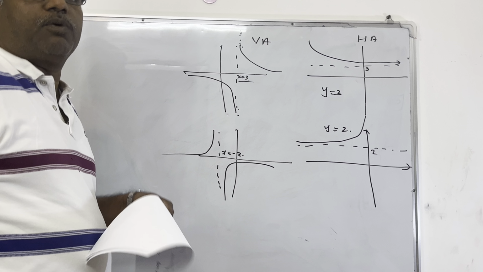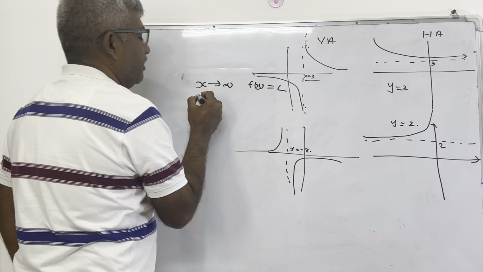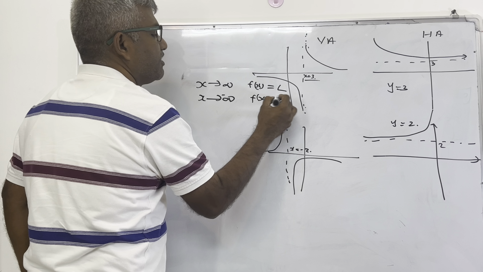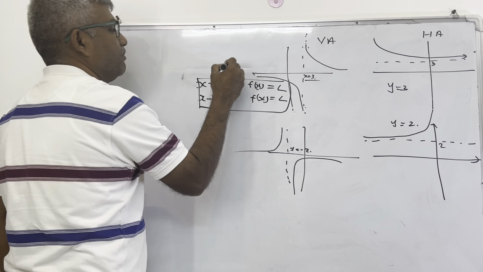When x is approaching infinity, f of x is L. When x is approaching negative infinity, f of x is L. This is called horizontal asymptote. Note it down. Vertical asymptote: when x is approaching a plus, f of x is infinity. When x is approaching a minus, f of x is negative infinity.